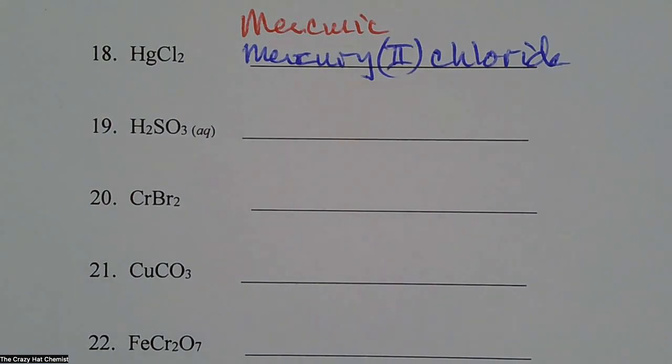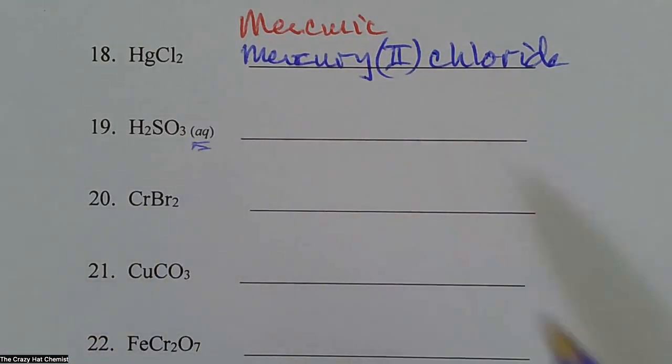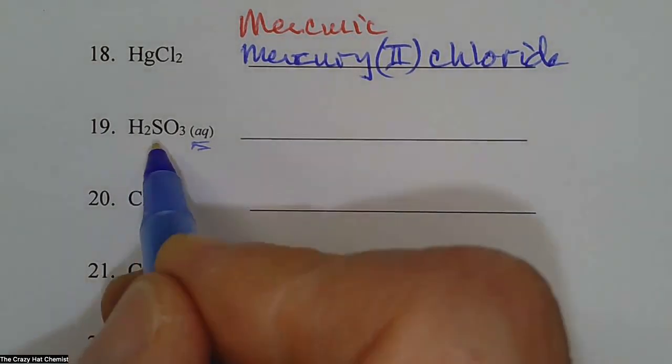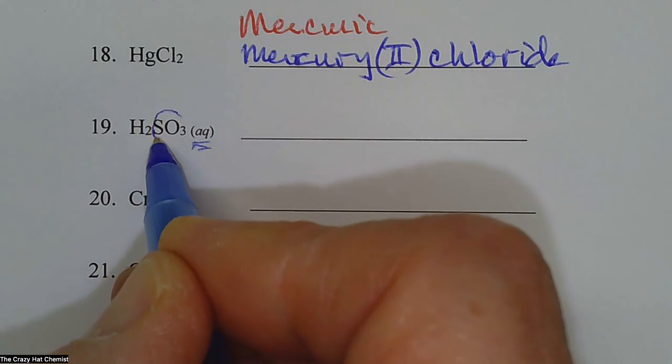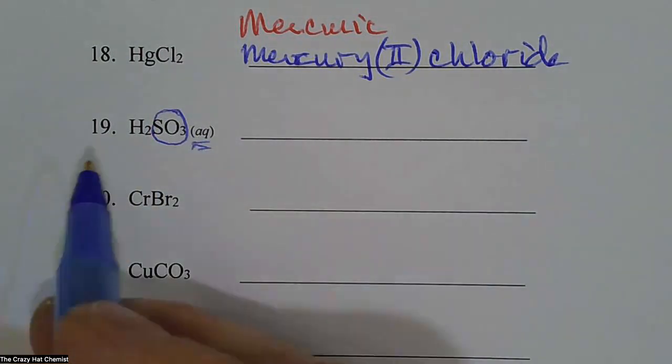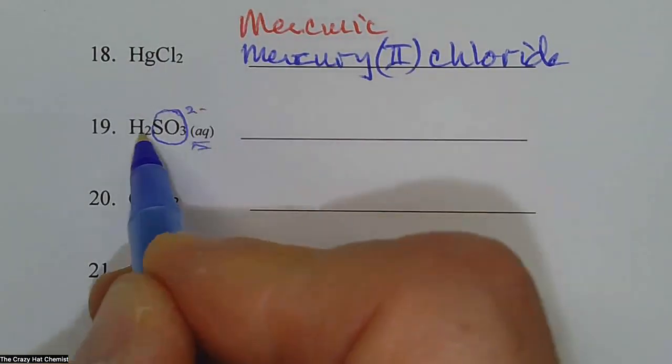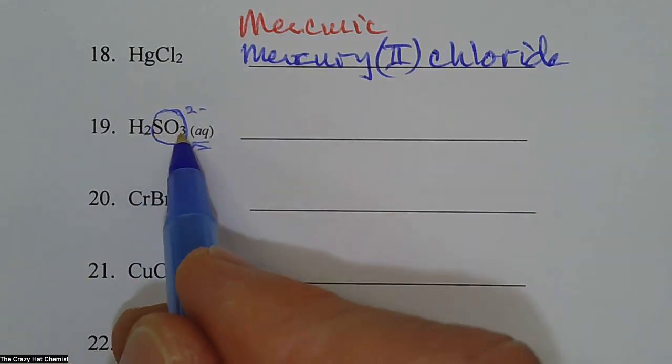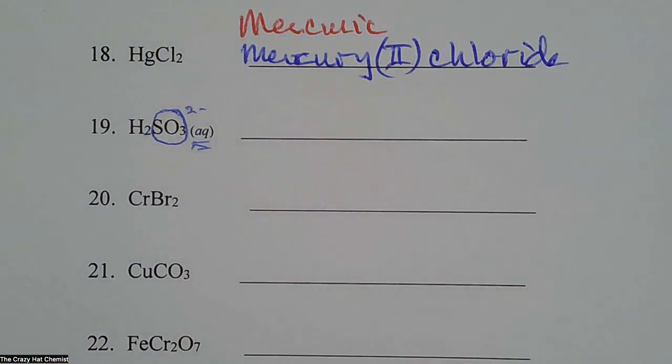And then this next one here is, okay, so the next one has an AQ. Now, it does not actually need the AQ, but this is an acid. And there are two different types of acids. This is a polyatomic ion acid, and it is based on the name of this polyatomic ion. That has a 2- charge because that 2 comes up, and this is sulfite. And ite becomes ous.